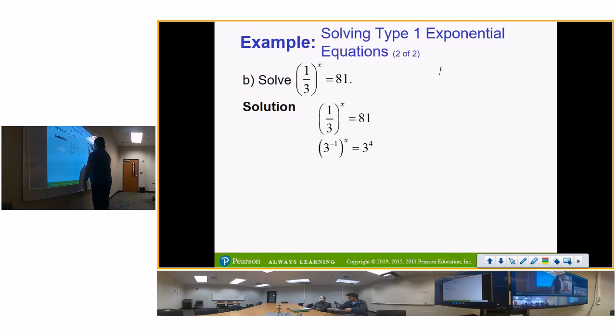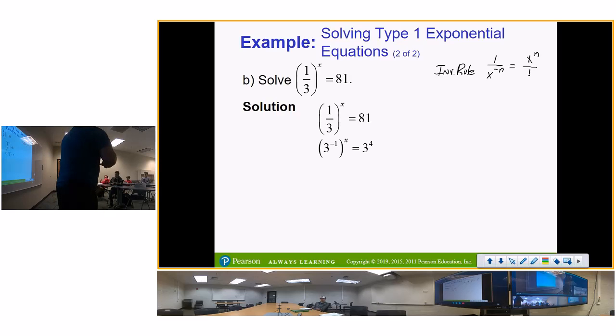The inverse rule says if I have 1 over x to the negative n, then I can what? Take it upstairs, I can flip it, it becomes x to the n over what? 1. Now that's one inverse rule. The other inverse rule is called the inverse power rule.